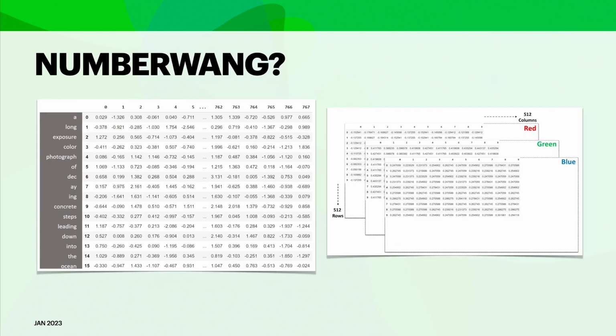So this is very quick, to try to get an idea. In order for it to do the maths, it needs numbers. So what it does is it converts everything that it's got currently into numbers. The prompt, on the left-hand side, says a long exposure color photo of. Stable Diffusion converts that into a big long matrix of numbers.